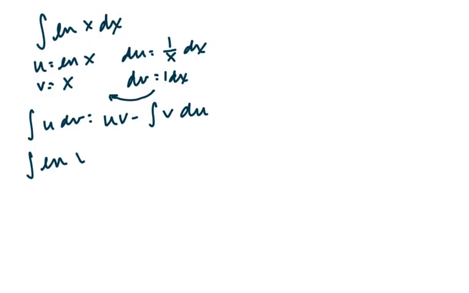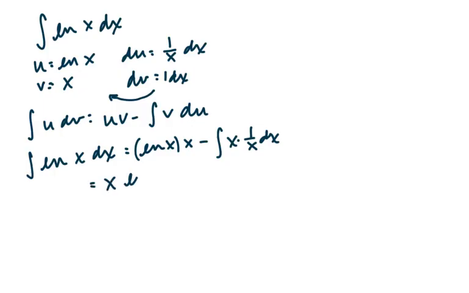So we have the integration of natural log of x dx. Some people feel like that's a waste of time, but there is a technique where that's necessary. So if you're in the habit, it'll be easier to see it when you need it. So u is natural log of x, and we're multiplying that by x, which is v, minus the integration of v, which is x, and du is 1 over x dx. So we're multiplying these. So we have x natural log of x.